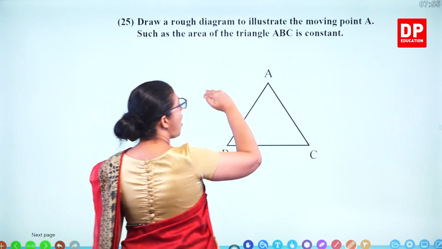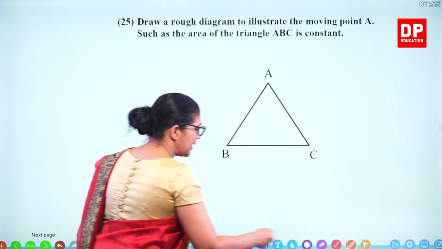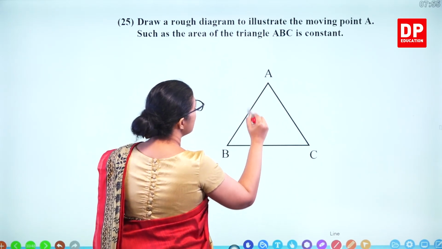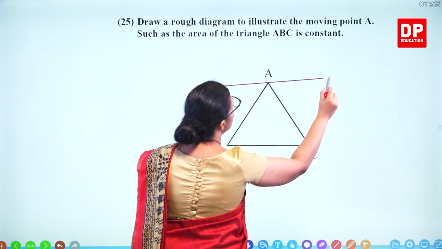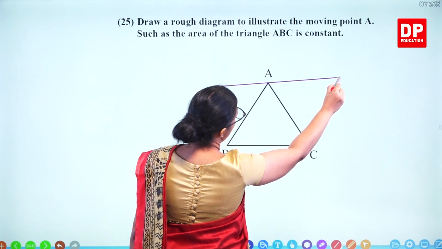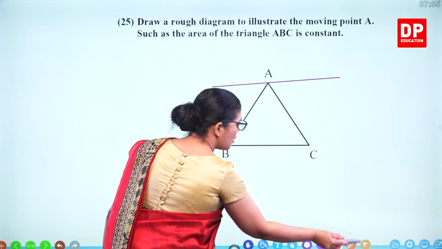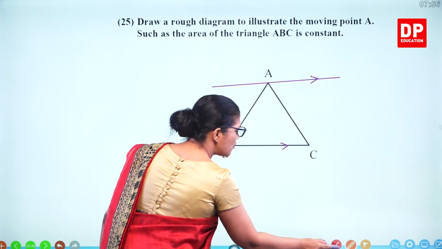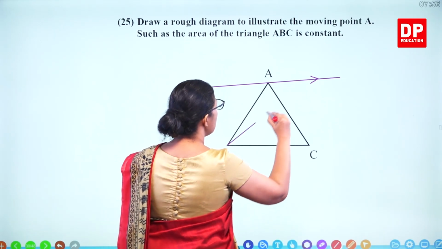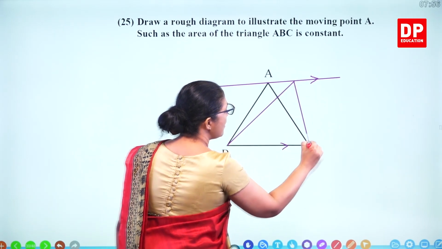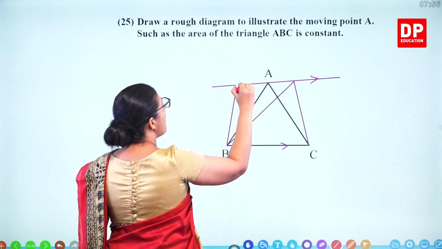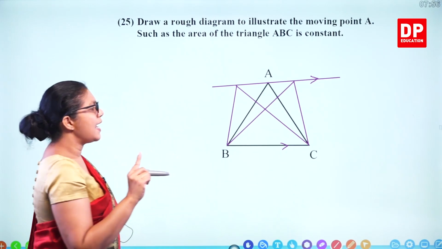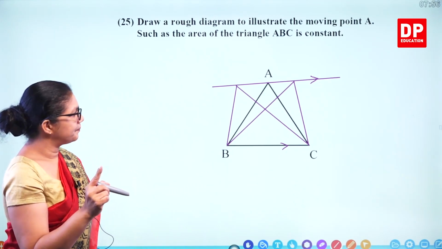We draw a parallel line to BC through A. With the same base, point A should be on this line.